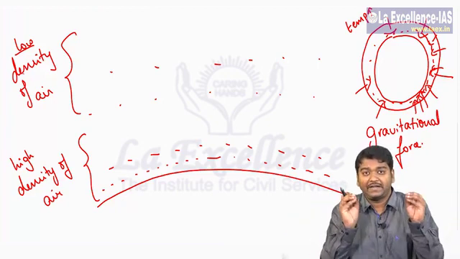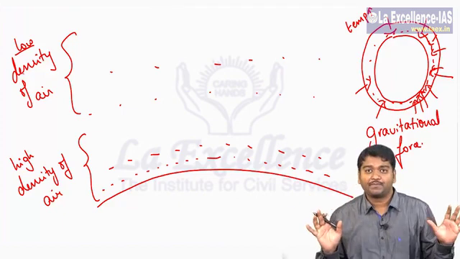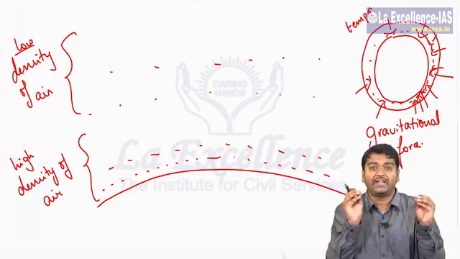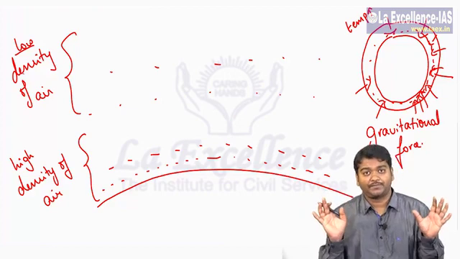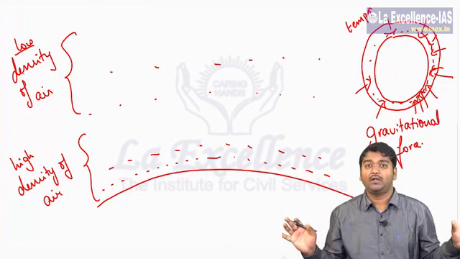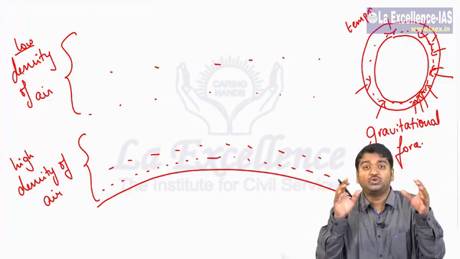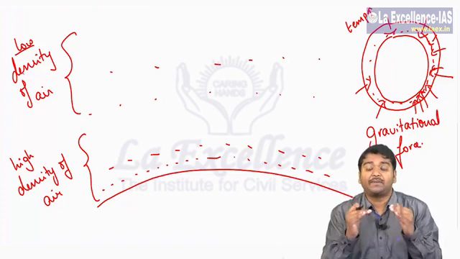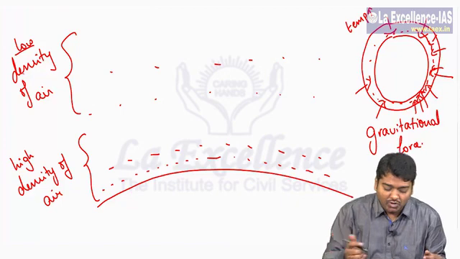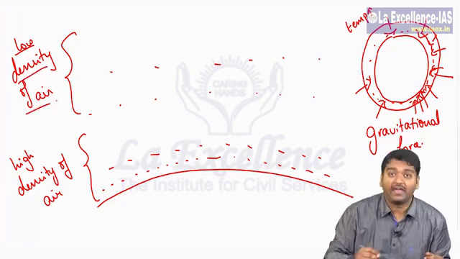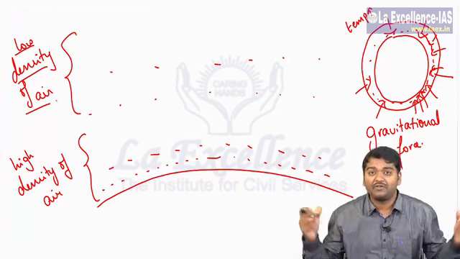I am simply telling you a basic concept that if you have a hall, and in that hall only 10 people are present, you will not feel much heat. But in the same hall, if you have 1,000 people present, then usually you observe that the temperature increases. So here similarly, when you look at low density of air, temperature will be less because particles are away from each other.